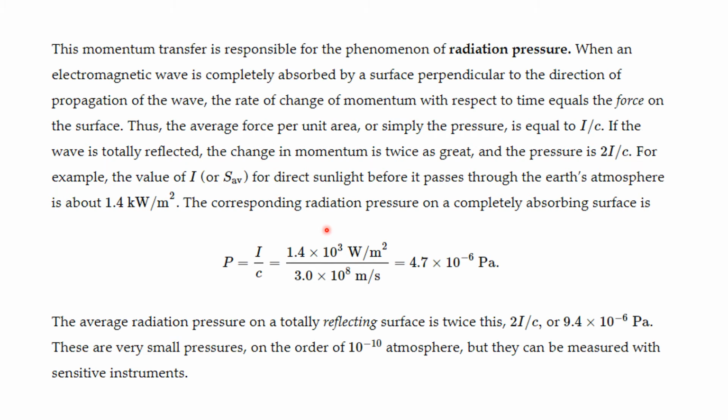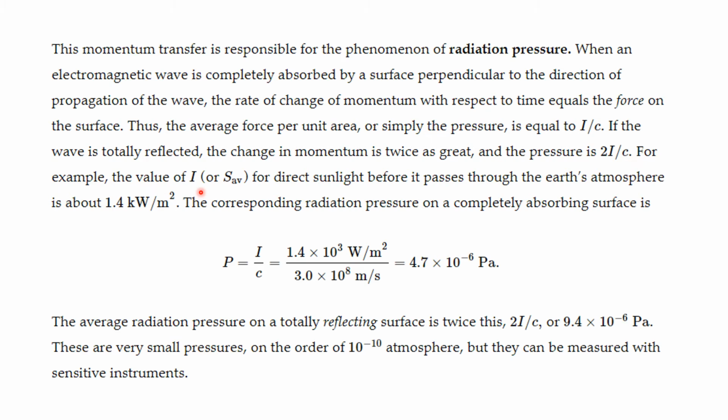And so if we look down here, the radiation pressure is intensity divided by velocity. Here is the pressure unit, and we're dividing that by this speed unit. I should have set this up a little better here.